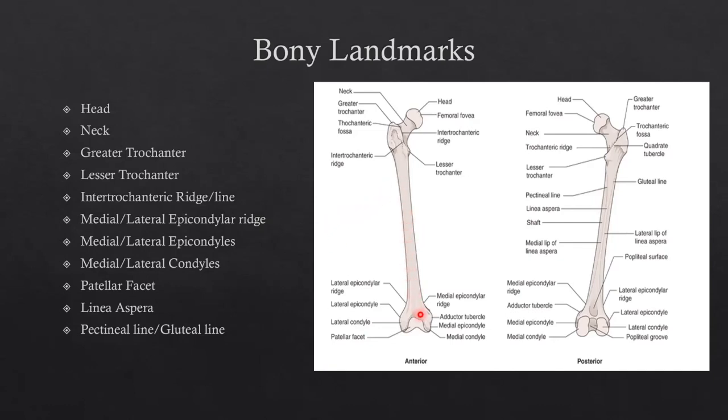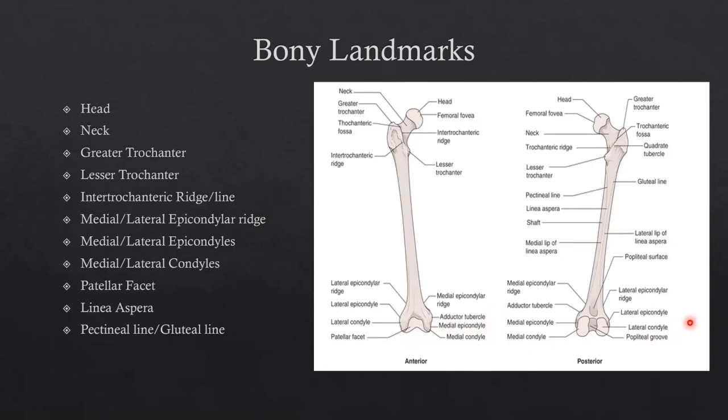Moving down more distally here, we have our condylar complex, if you will. We have our medial and lateral condylar ridge, medial and lateral epicondyles, and we actually have our medial and lateral condyles. Once we get more distal to our actual knee joint, these condyles will articulate with the condylar surfaces that we see on our tibia, and that will essentially make up our knee joint proper.